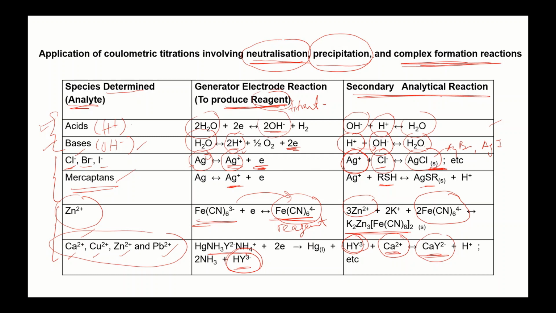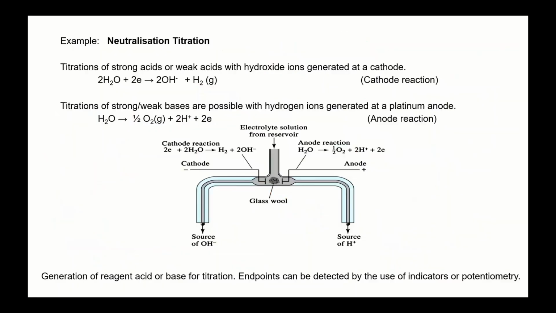So you can determine the amount of the analyte, calcium, present in your test solution. For example, to determine water hardness, you should determine the presence of calcium or magnesium in the test solution.